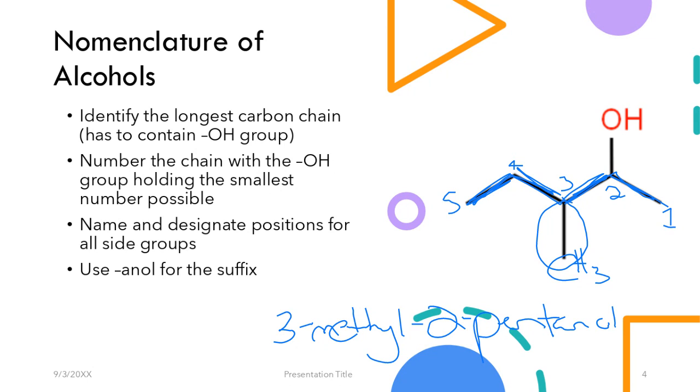If you have a double bond or you have multiple groups, say you start counting from me, how do you know which one you start counting from? I would say if you had like a double bond here, you would start with whichever double bond or functional group would give the lowest number.